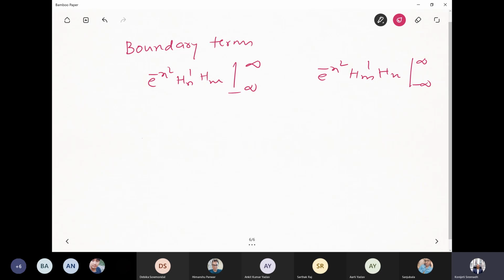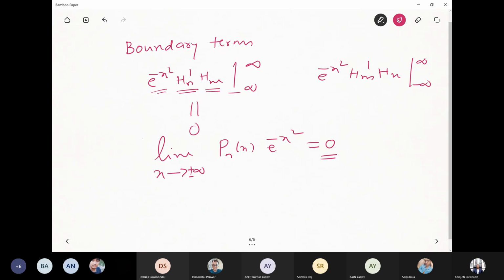Now you see that both the terms are going to be 0, because this is a polynomial and this is an exponential. Exponential of minus x squared as x goes to infinity, multiplied by any polynomial, is still going to be 0. So the limit of any polynomial multiplied by e power minus x squared as x goes to plus or minus infinity is 0. Use that to show that this is 0 and this is also 0.